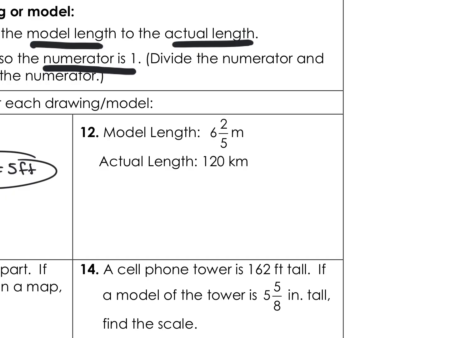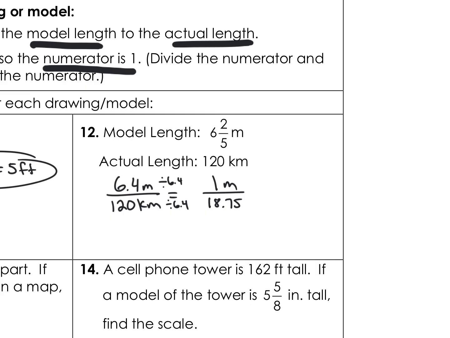All right, to make this easier, I'm going to convert the 6 2/5 to a decimal. So I'm going to make this 6.4 meters is the same as 120 kilometers. Since I want my model to be 1 meter, I'm going to divide by 6.4 in both the numerator and the denominator, and I end up with 18.75.